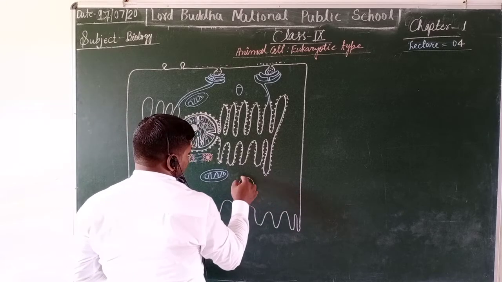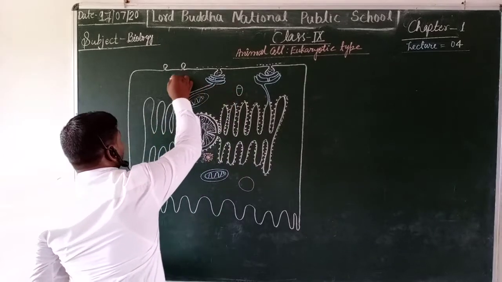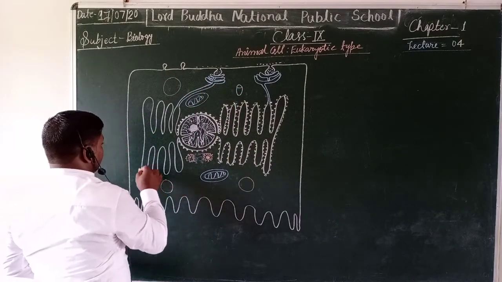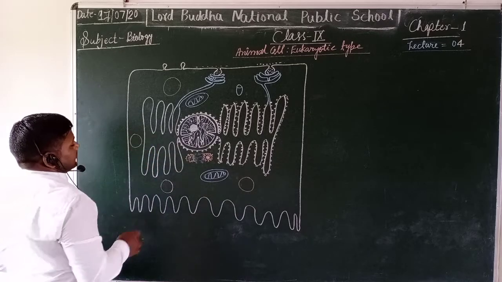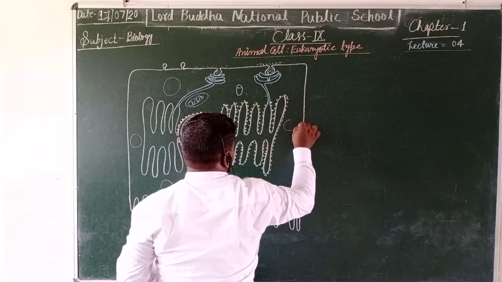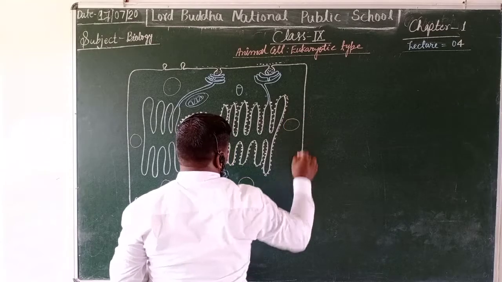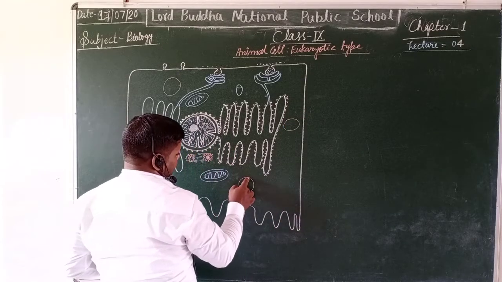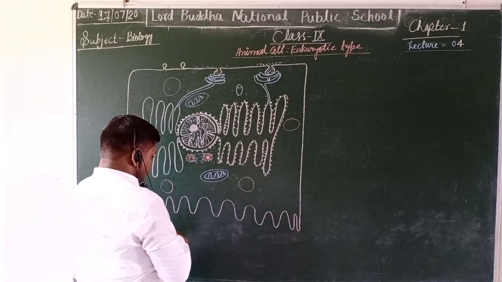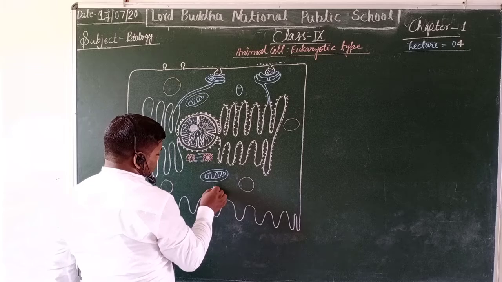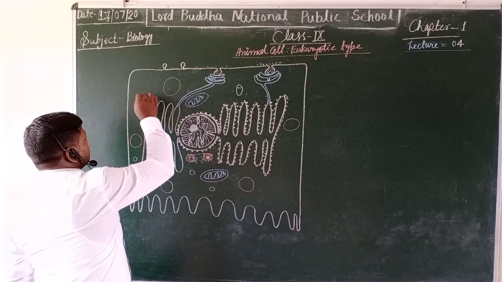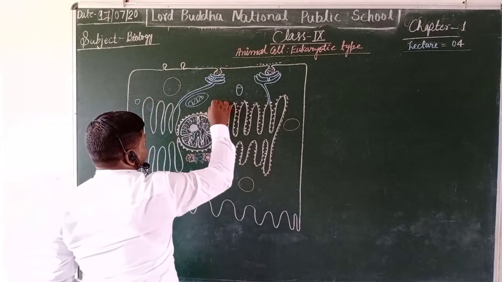Beside it, the cell vacuoles are absent, but many spherical bodies of somewhat large size are present, known as spherosomes. Beside spherosomes, smaller spherical structures are also present.